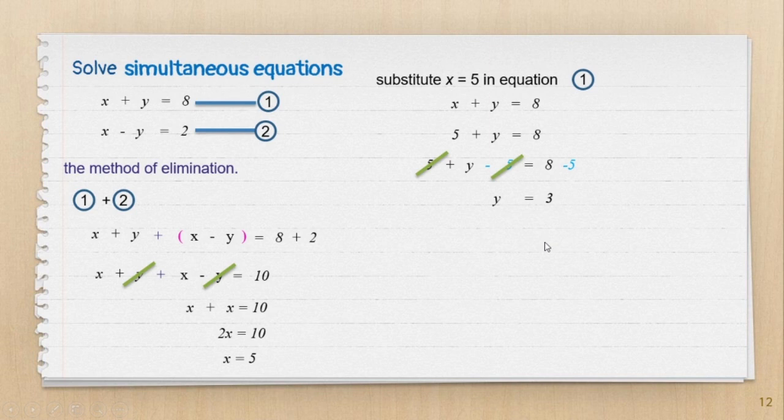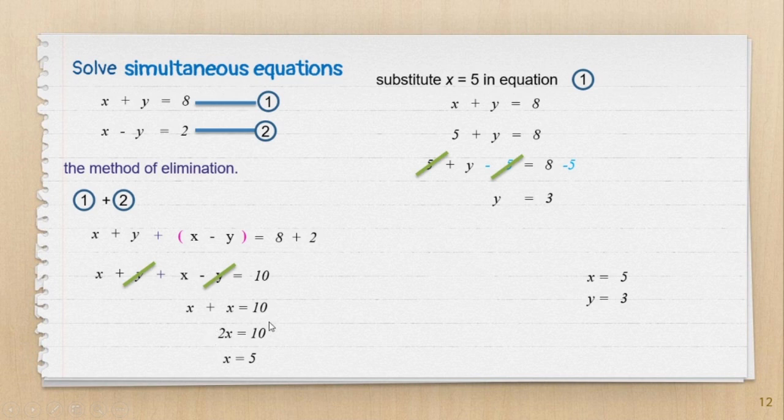So we have solved this one: x equals 5 and y equals 3. This is the method to solve simultaneous equations. In the above pair of simultaneous equations, one coefficient of y is 1 and the other coefficient of y is minus 1. When we add both equations, y and minus y cancel off. Then we can obtain a linear equation.